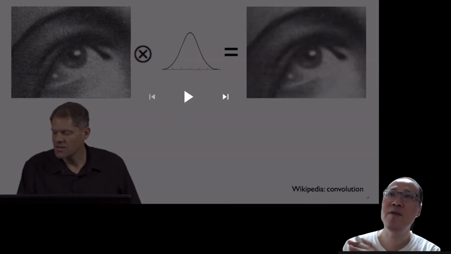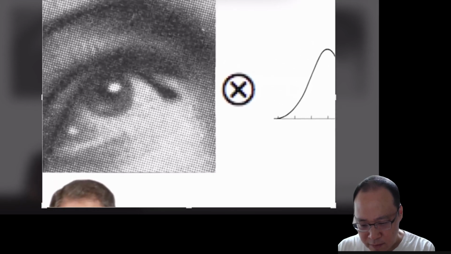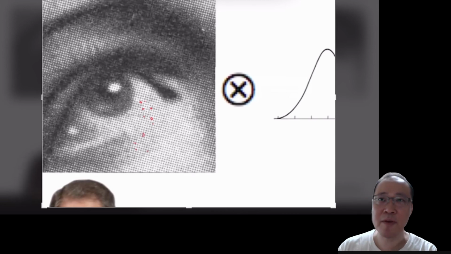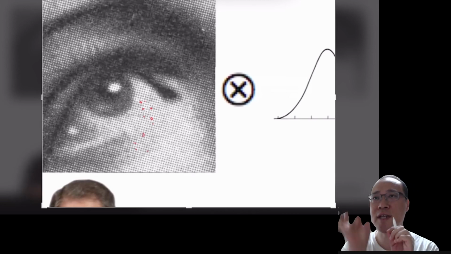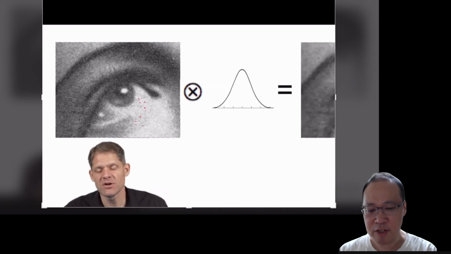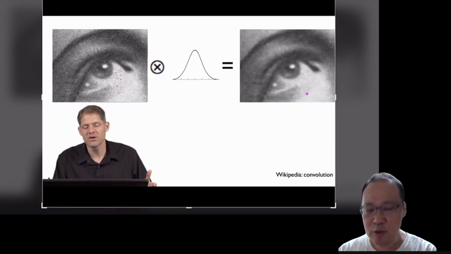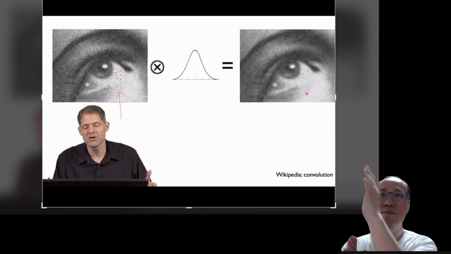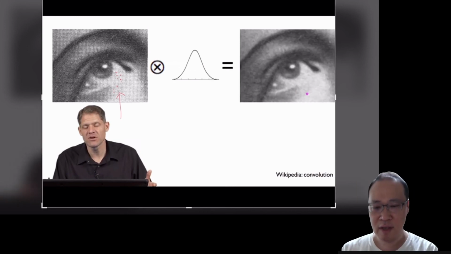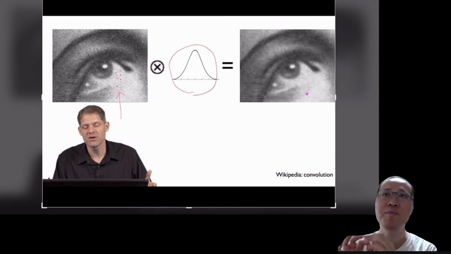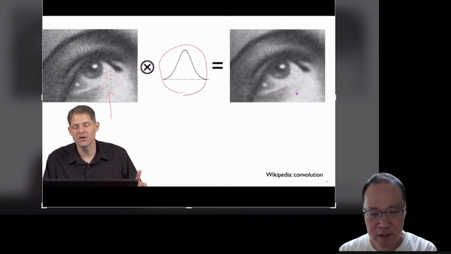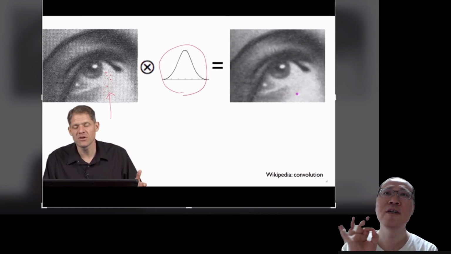Similarly, in the left figure, when you see these images, this image has some points here. You see the dots? These dots can all be regarded as delta functions at those points, some kind of discrete values. So if you do the convolution between these discrete delta values of each pixel in the image with this normal distribution PDF, what we can see is that we have a very smooth image.